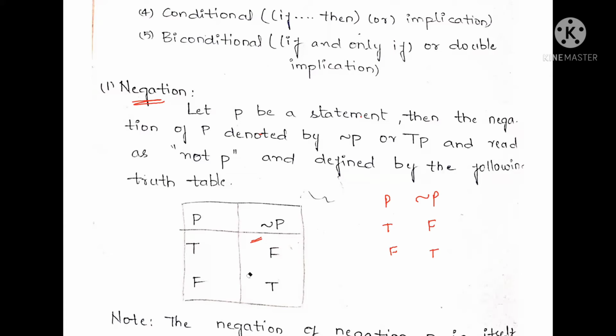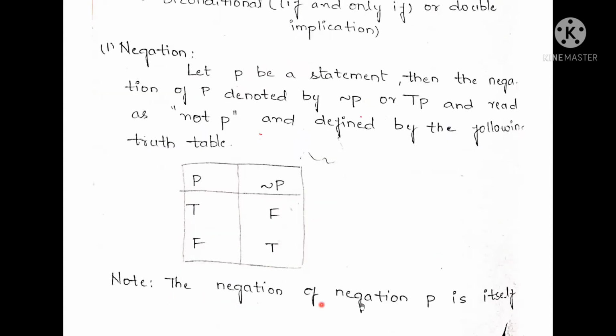So negation is denoted by not P. Either you'll have a true value or a false value, and the value of the negation is the opposite. Now note that the negation of negation P is P itself. If P has true and false, then the negation will be false and true.